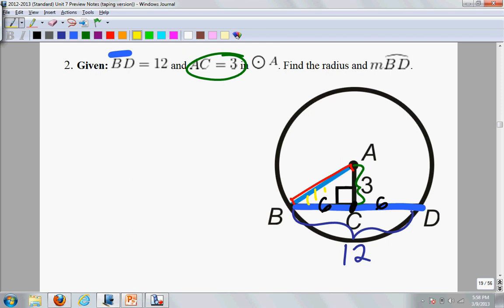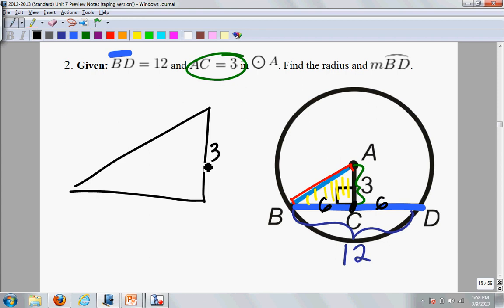And we have, once again, a right triangle. Let's pull this out so you can see it. This is 3, this is 6, this is x. Let's see what we can find. We can do leg squared plus leg squared equals hypo squared. Circle, plug, chug.